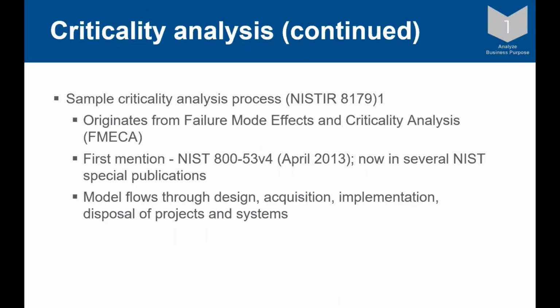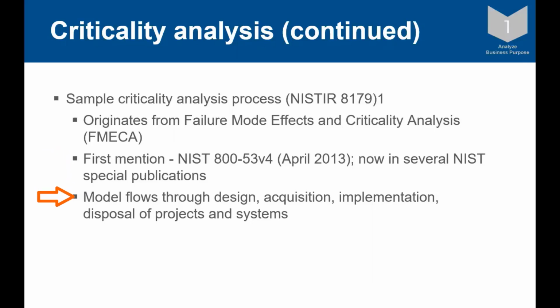This model is actually based on criticality analysis processes that can be found within the industry from other functions. So, for instance, it originated from the Failure Mode Effects and Criticality Analysis, or FMECA process. It was first mentioned in NIST 853 version 4 in April 2013, and now the NIST IR 8179 is really mentioned in several NIST special publications.